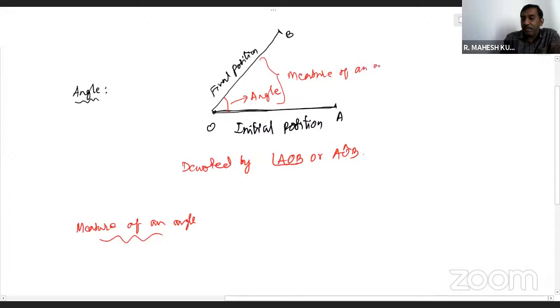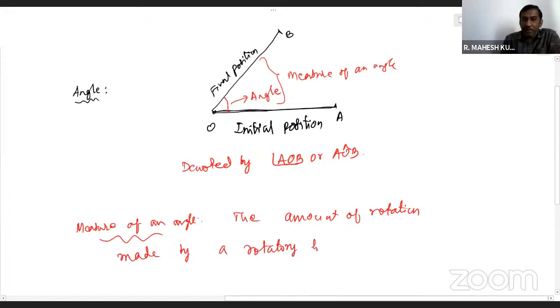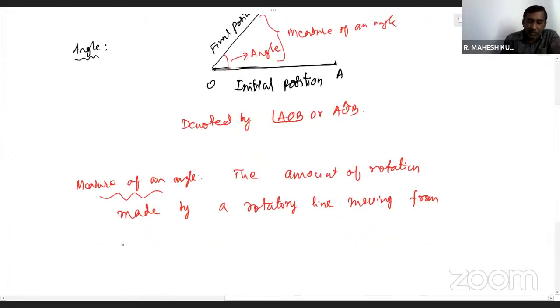So measure of an angle: the amount of rotation made by a rotatory line moving from its initial position OA to final position OB.